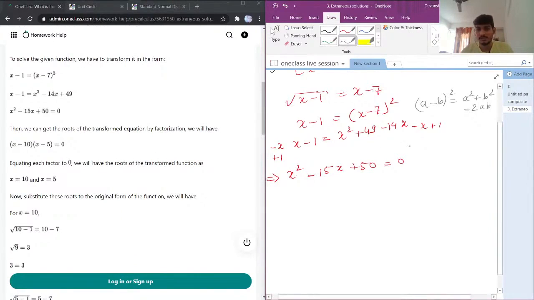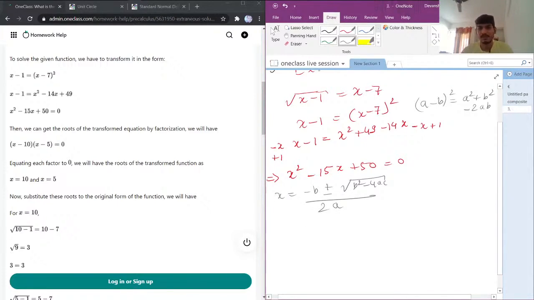The formula is x equals minus b plus or minus the square root of b square minus 4ac, upon 2a. Whenever you are stuck with a problem where you cannot factorize the whole equation, this is the best formula, and I always use it rather than the factorization technique.